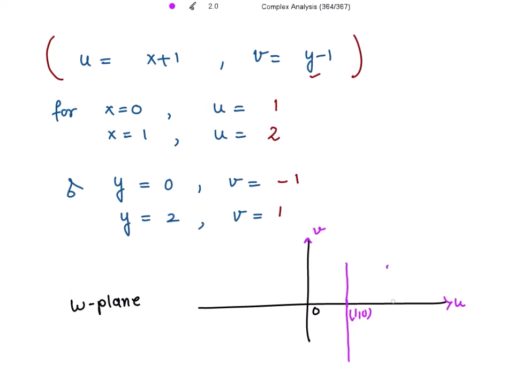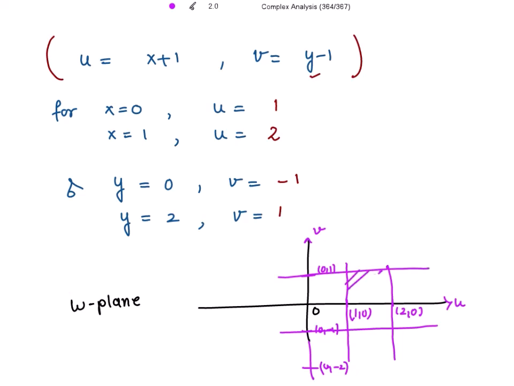That is, let this be the point 2, 0 and u equal to 2 is this line. Then for y equal to 0, I get v equal to negative 1. So if this is 0, 1 and then this be 0, negative 1 and furthermore this be 0, negative 2. So v equal to negative 1 is this line and v equal to 1 is this line.